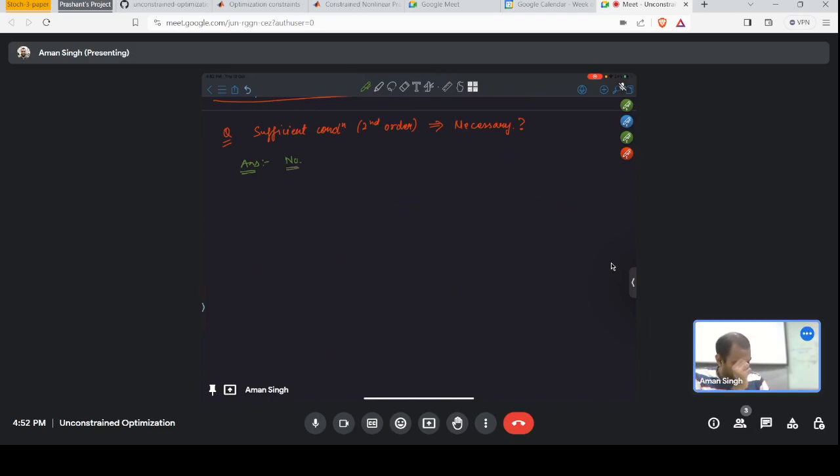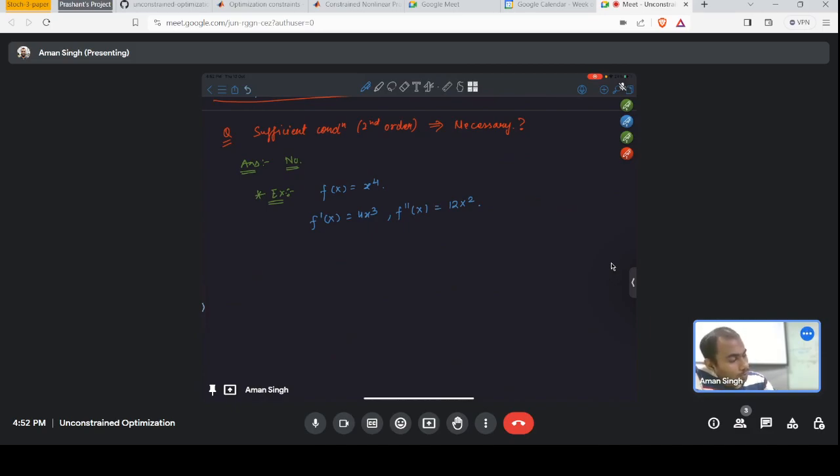So for that, I want to give you an example. Let's say f(x) is equal to x to the power 4, correct? f'(x) is 4x cubed, f''(x) is 12x squared, correct?